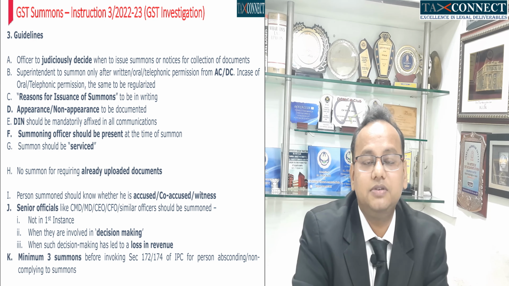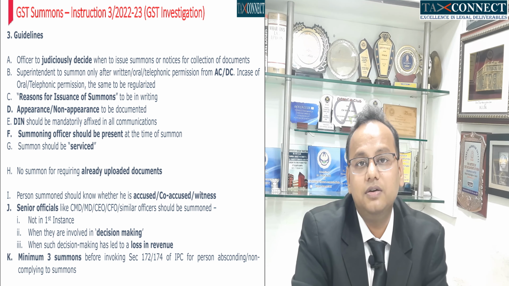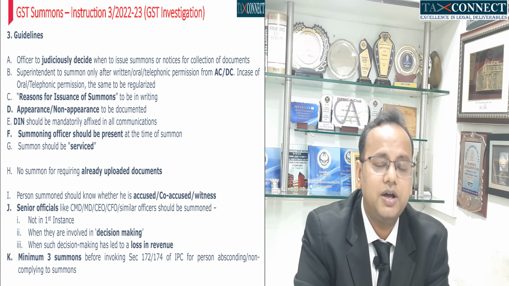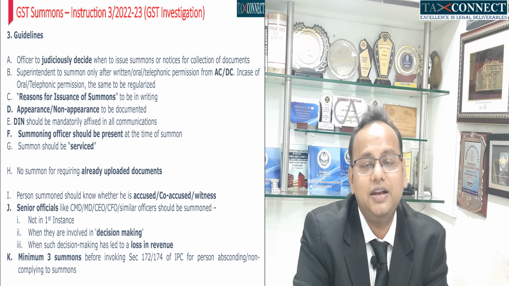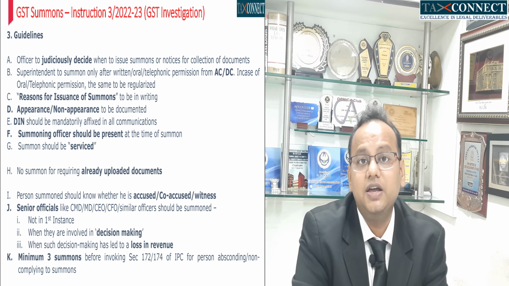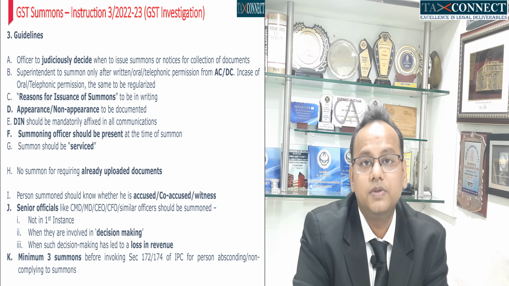All the summon letters should be affixed with a document identification number as required by CBIC circular in 2019 and now mandated by the Honorable Apex Court in the case of Pradeep Goel, also on the state officials.